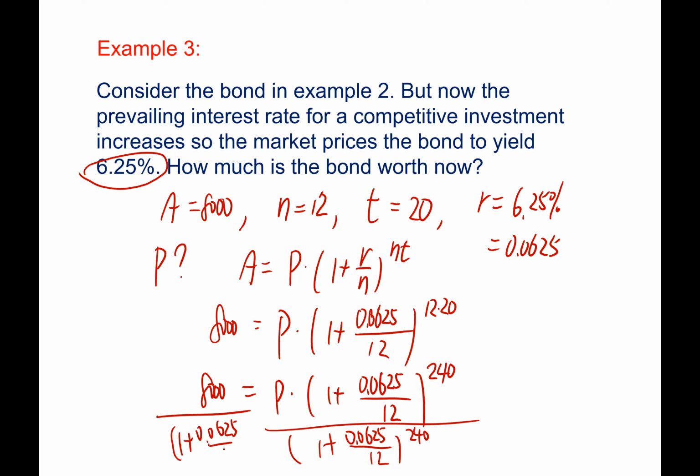If you cancel the exponent, then we get the principal amount here. Let's see what that is. One more time, definitely need a calculator or Excel to do that.